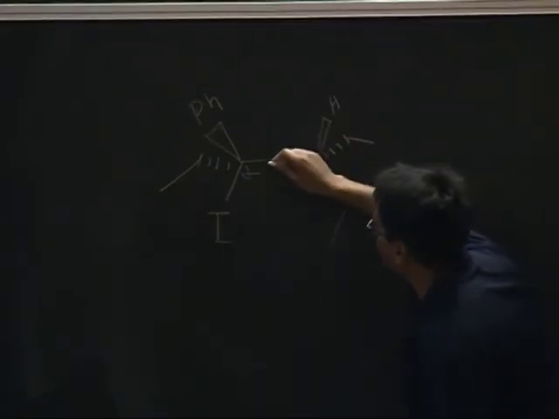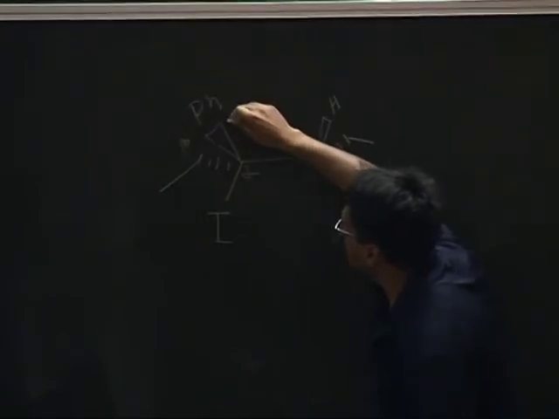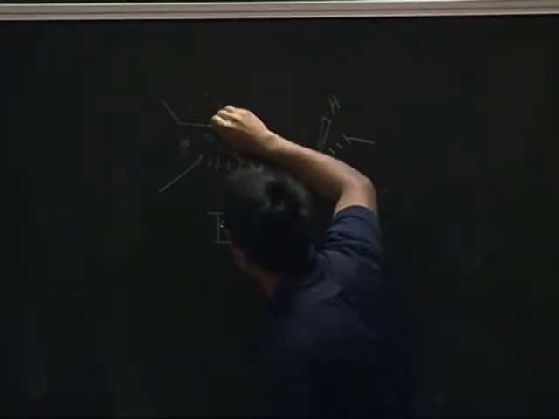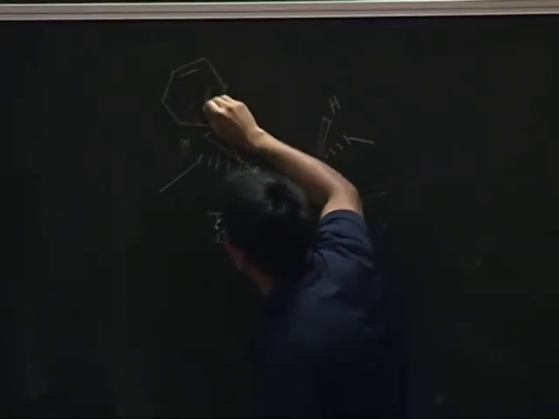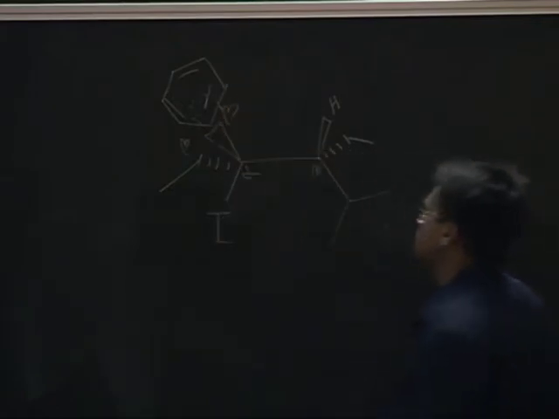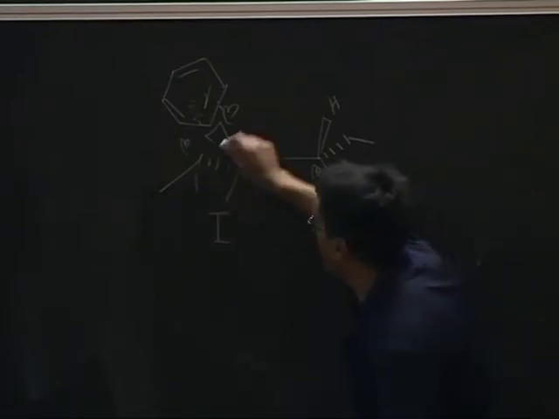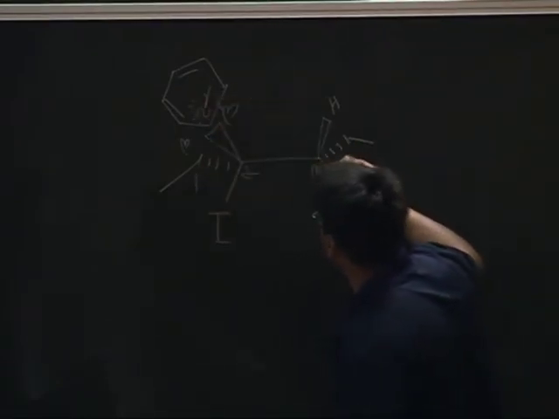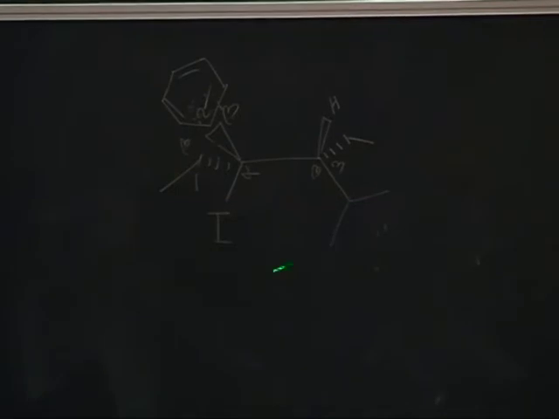That's a beta carbon. That's a beta carbon. That's also a beta carbon. I'll draw out the phenyl. Just because I drew it out like this, don't let this bias you. Which of these beta carbons have protons that you can eliminate? 1, 2, and 3.